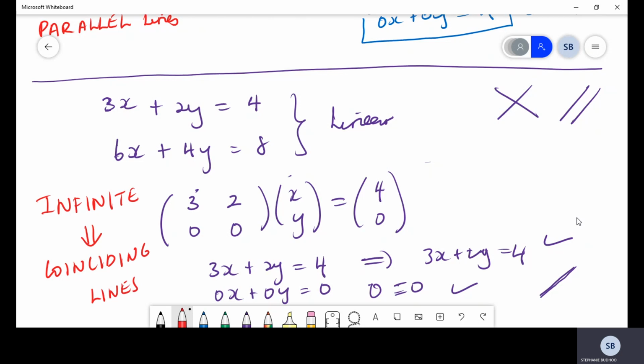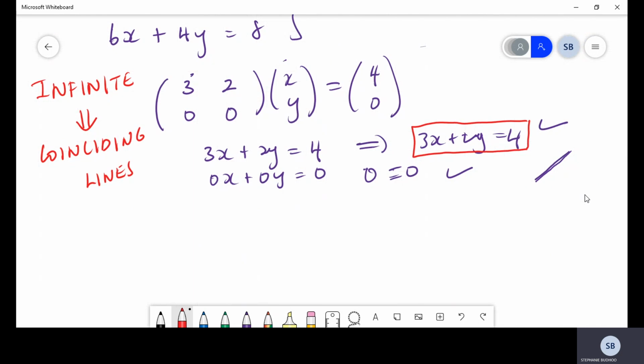And how is there an infinite set of solutions? Well, if you were to consider the only equation that's actually giving us any sort of values, all right? So after your row reduction, say you got 3x plus 2y to be equal to 4.